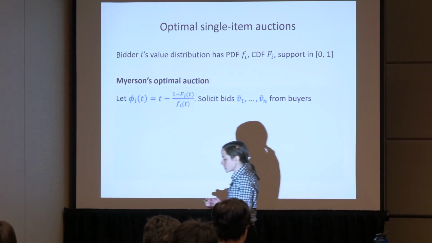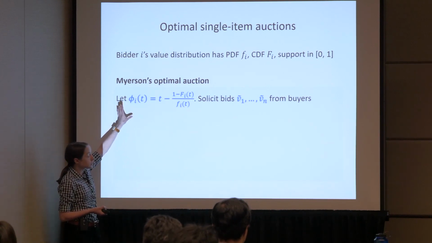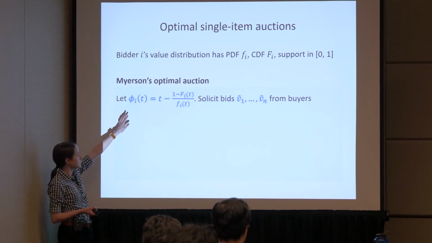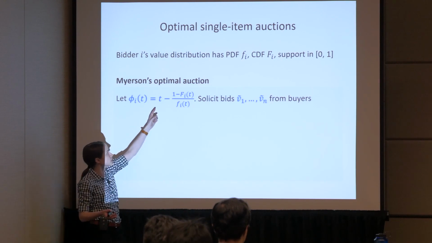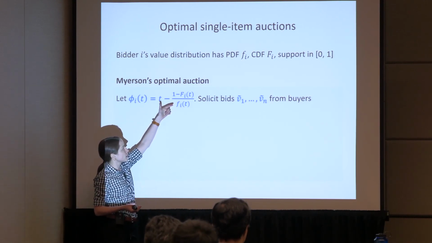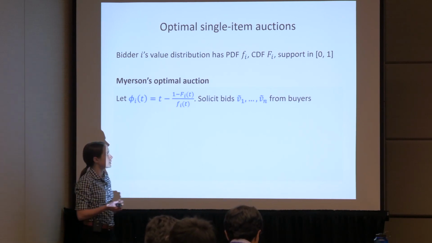Myerson's optimal auction relies on this virtual valuation function. What this virtual valuation function does is it takes a real value t and maps it to t minus the probability that the bidder's value is greater than t, divided by the density of t.